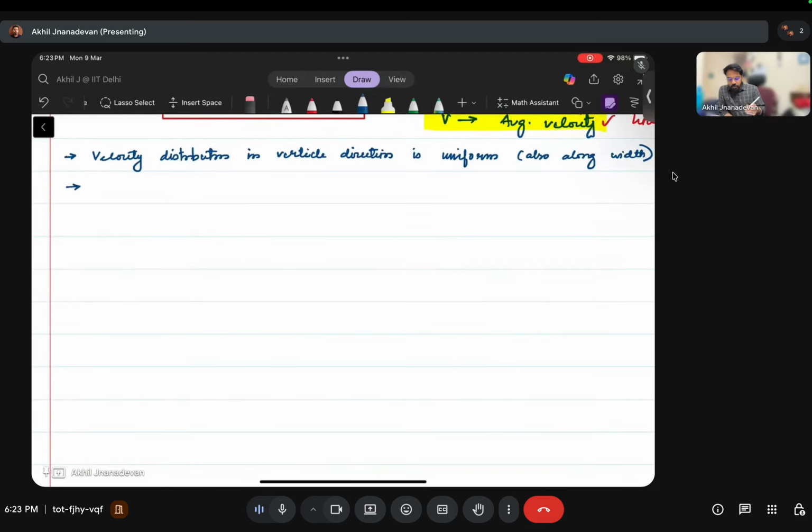Another issue is how the velocity will be distributed: the greatest velocity will be at the water surface vertically, and horizontally it will be in the deepest part.